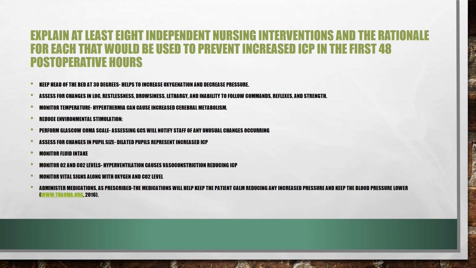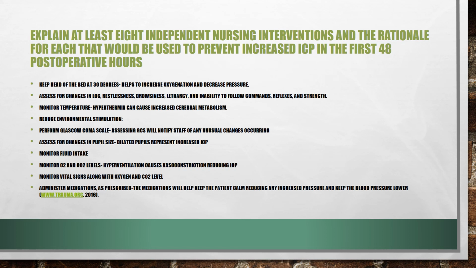We'll do an assessment for loss of consciousness, restlessness, dizziness, lethargy, and the ability to follow commands, reflexes and strength. We are going to monitor temperature. Hyperthermia can increase the cerebral metabolic rate.